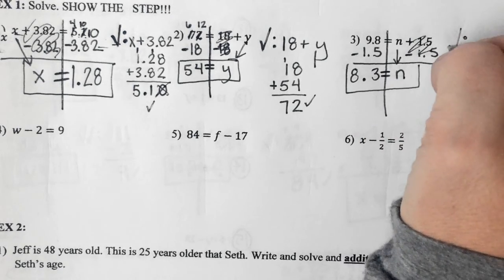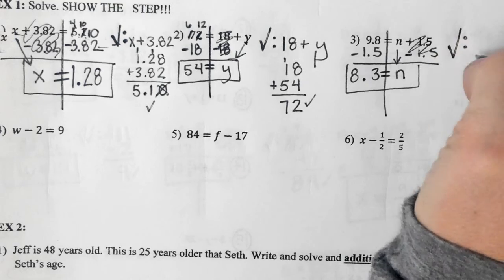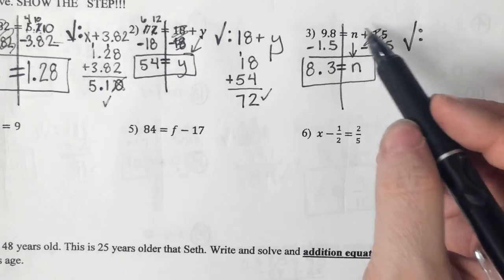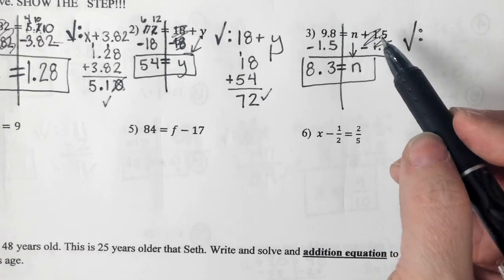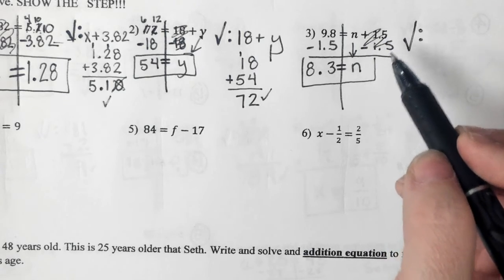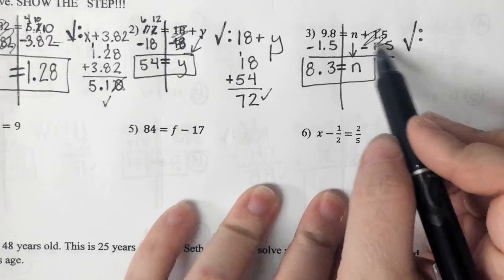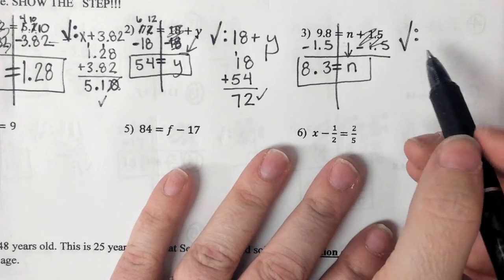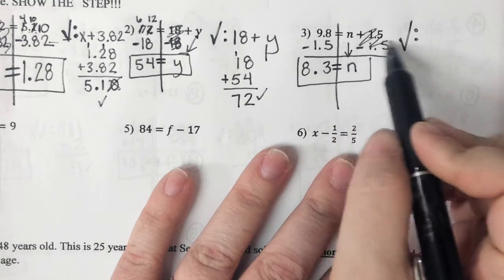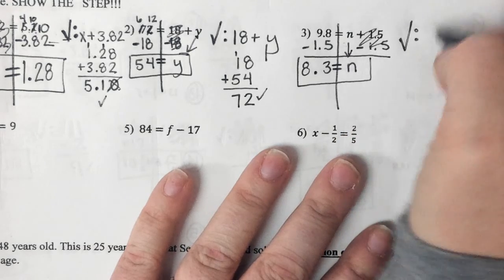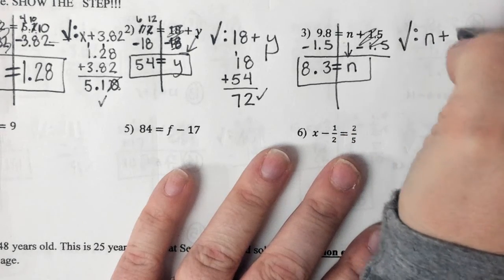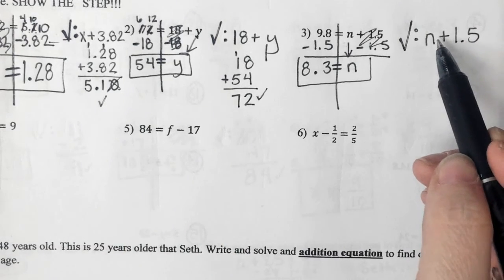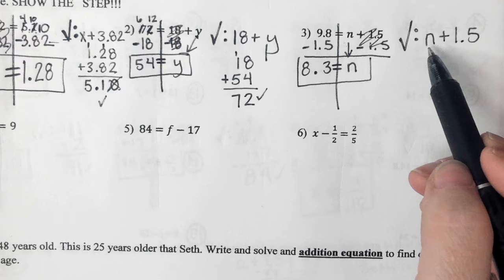So let's check it. All right. What did my original problem say? If I look on the right-hand side, what did my original problem say, Ella? The whole problem on the right-hand side. N plus 1.5. So, N is first. What did we find out that N was in my answer?